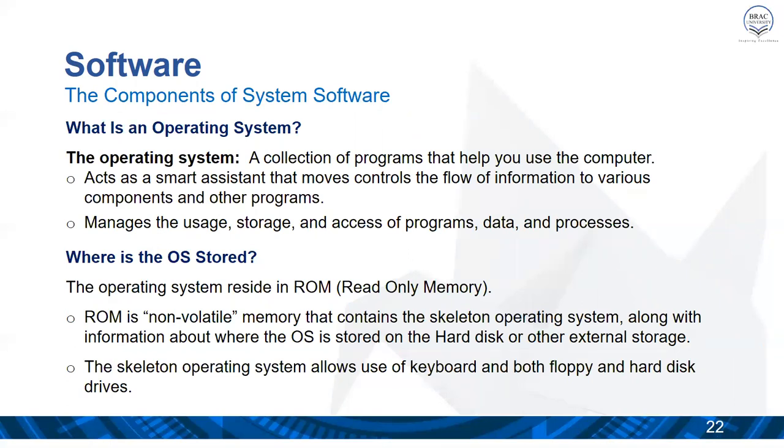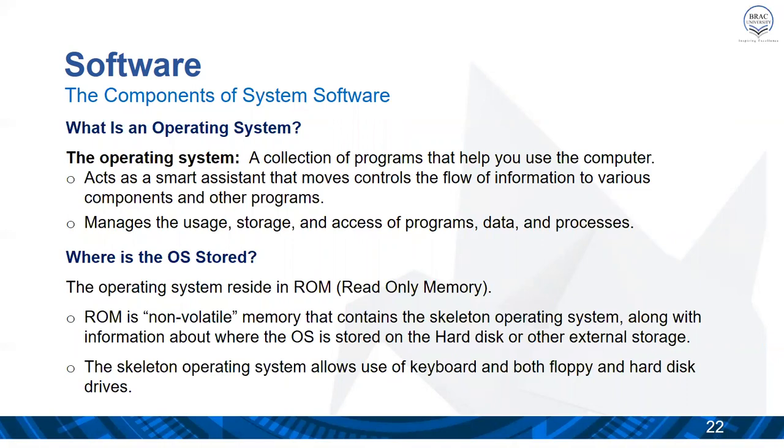A collection of programs that help the user to learn how to use the computer. It basically acts as a smart assistant that controls the flow of information between various components and programs. It also manages the usage, storage, and access of programs, data and processes.